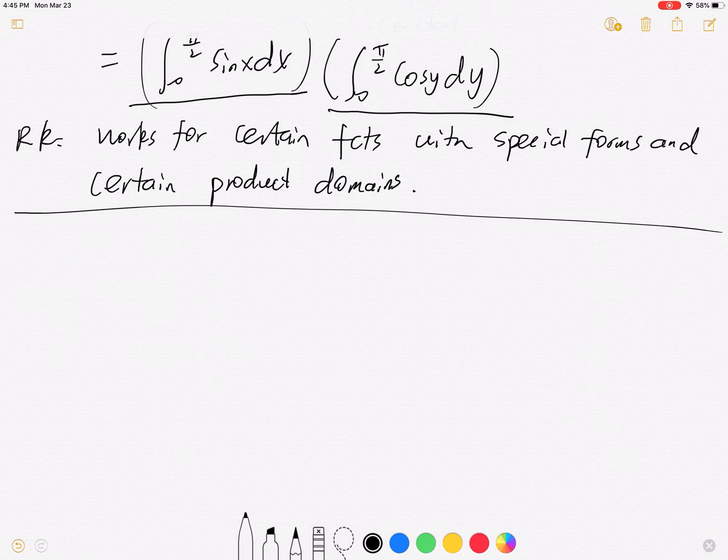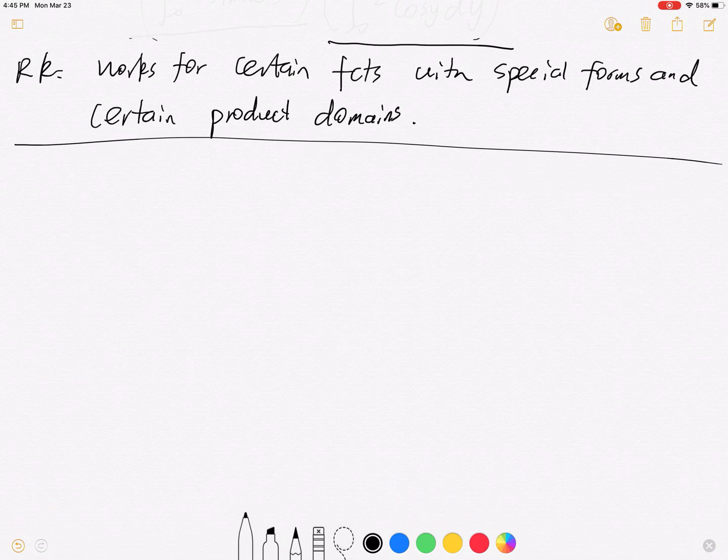Okay, and next we will discuss double integrals over general domains, general regions. But before that, let's recall the following definition. We will not use it extensively in this class, but it's quite useful in your physics class, chemistry class, engineering class, or whatever.